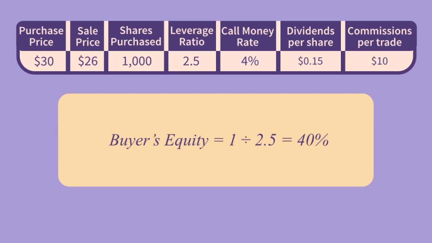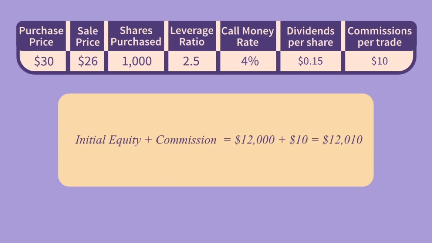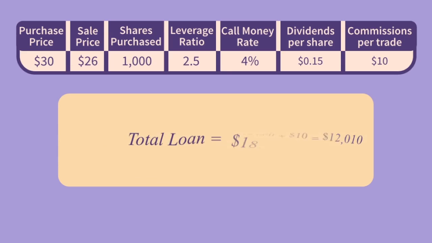In this case, it is 40%, or $12,000. We therefore know the loan amount was $18,000. The total initial investment also must include the commissions, in this case $10.